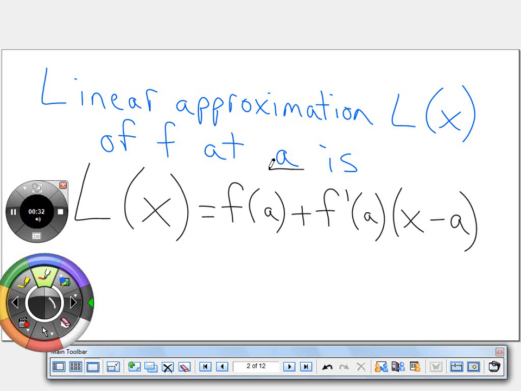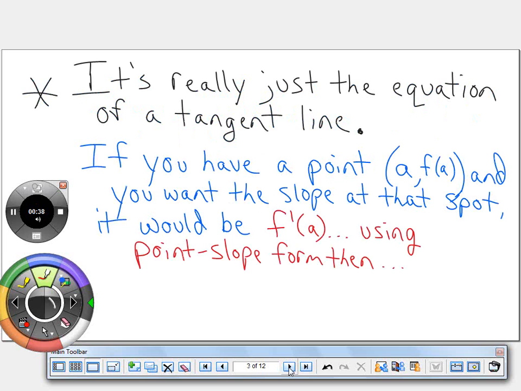And what I want you to see, and you can pause it and write that, is this is just the equation of a tangent line. So if you had a point, let's say the point was a comma f of a, and you wanted to find the slope at that particular spot, all you'd have to do is figure out the derivative at that spot. So that would be f prime of a.